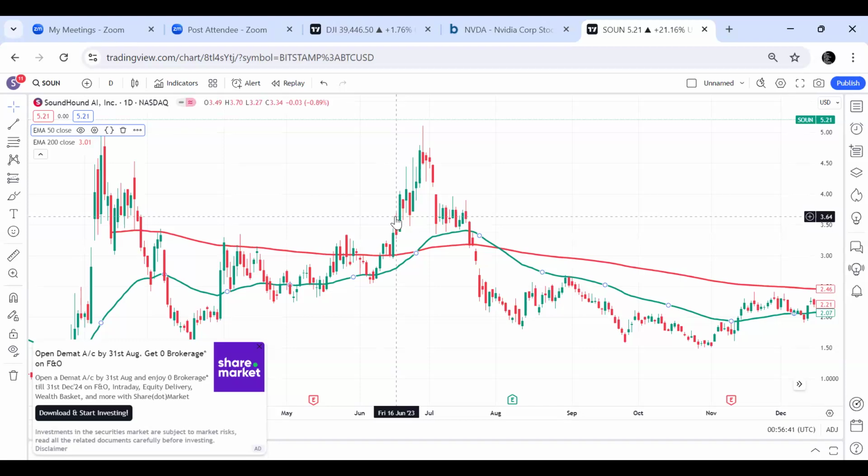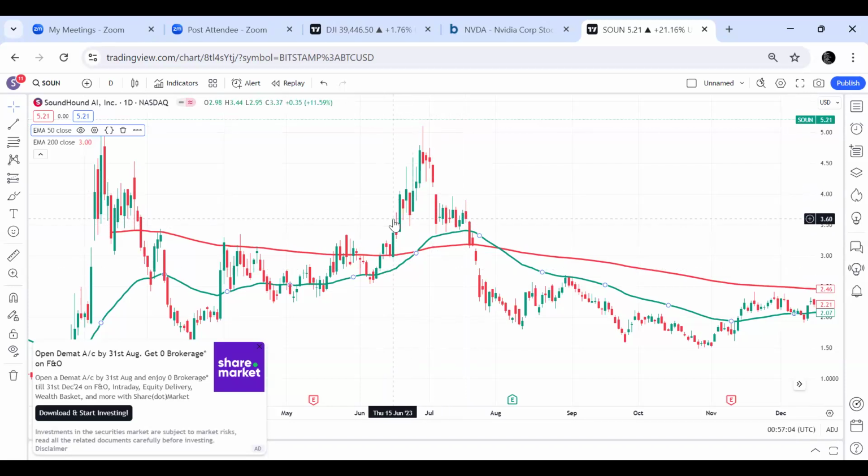After getting this confirmation, if I purchase at this point, 16th June 2023, then from this $3 it went to a high of $5. So obviously I got a profit of $1.5 here.